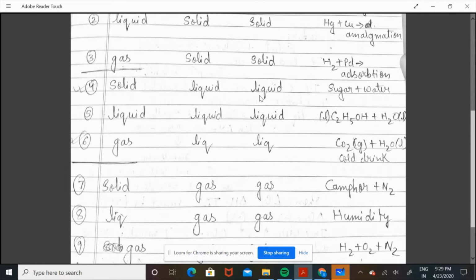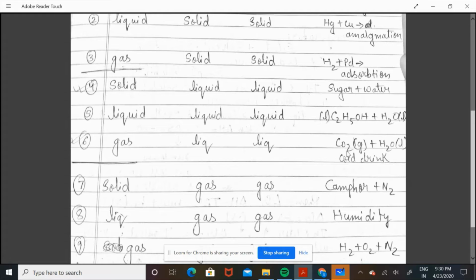So the solution will definitely be liquid. And its example is very simple, when we dissolve sugar in water. And another one which is important, when we dissolve gas as a solute in a solvent which is liquid, the solution will again be a liquid.